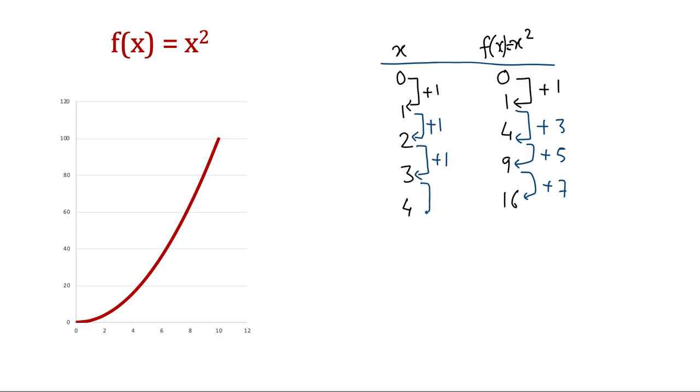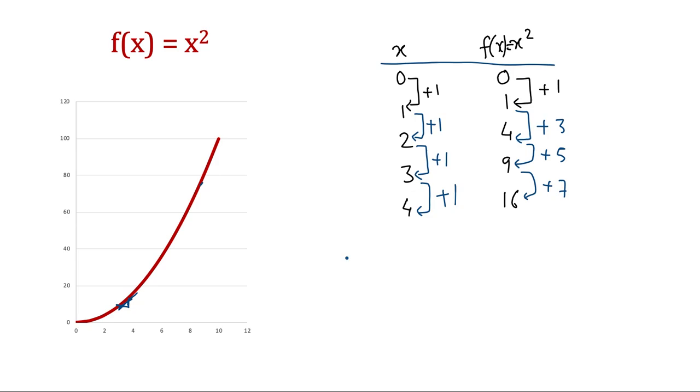So although I am changing x by the same amount, the value keeps on increasing. The difference is 1, then 3, then 5, then 7. So you can think that if I take any value of x and increment it slightly, the change will not be the same as if I increment it here. Here it will be much more. You can see the steep curve.